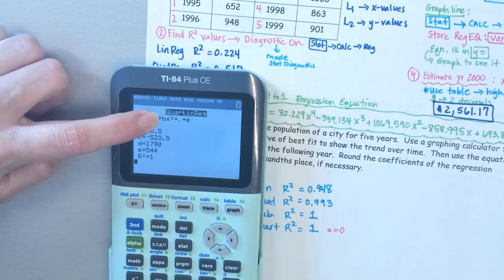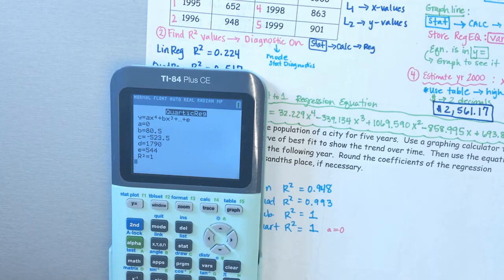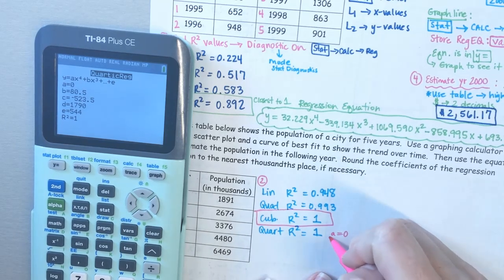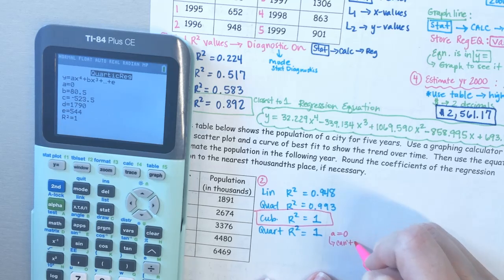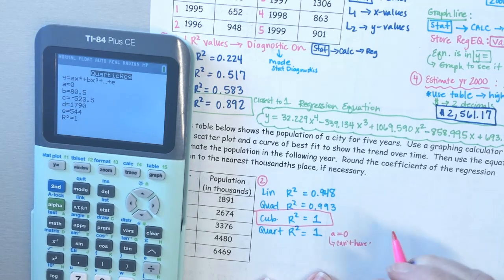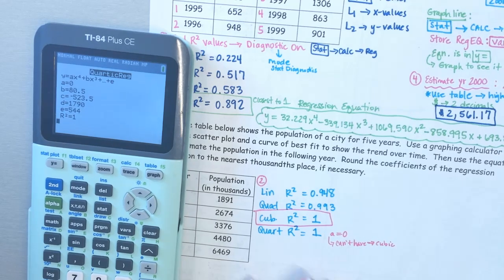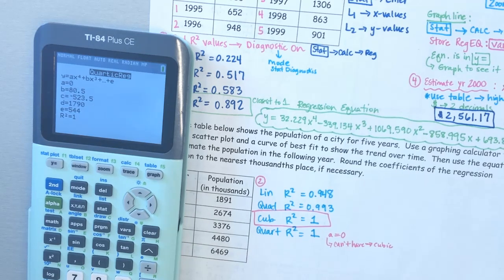And what type of function is it? What's the other one? The cubic. Okay, so the cubic one is going to be the correct one. So a is 0. Okay, we can't have this, so therefore it's going to be cubic. If a is 0, you can't have it, so that means it's going to be a cubic function.